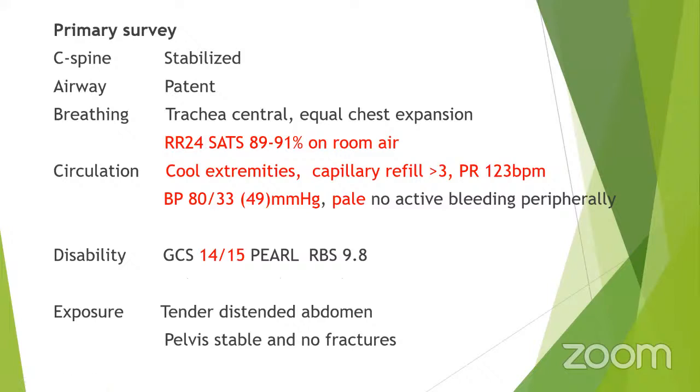Primary survey: her C-spine was stabilized. Airway was patent, her trachea was central, there was equal air entry. Notably, her respiratory rate was 24 cycles per minute, and her SATs were about 89 to 91% on room air.